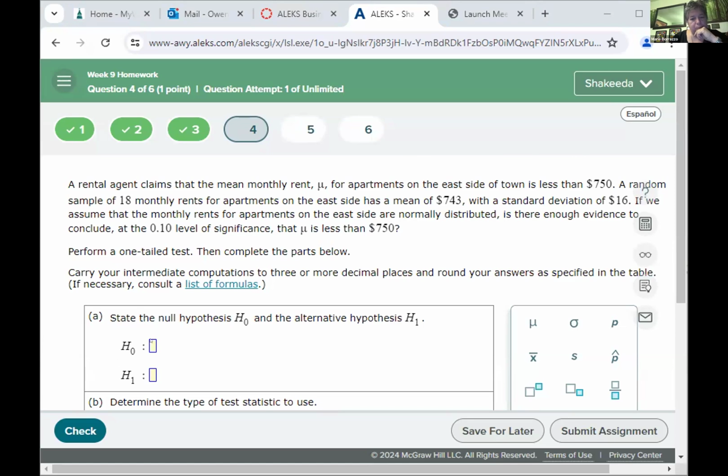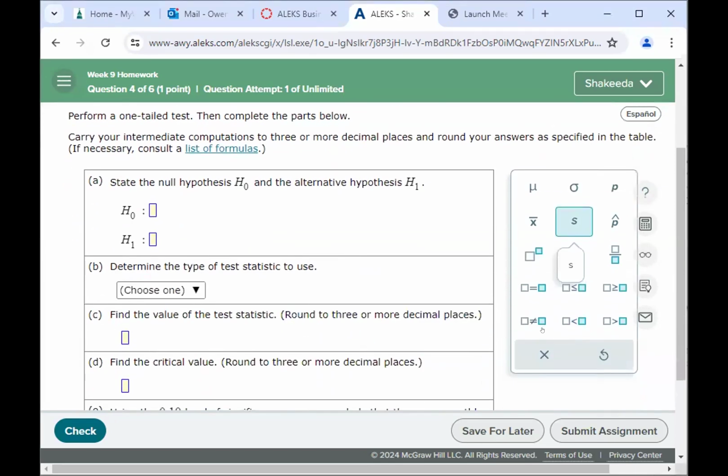So this is going to be... mu is equal to 750.